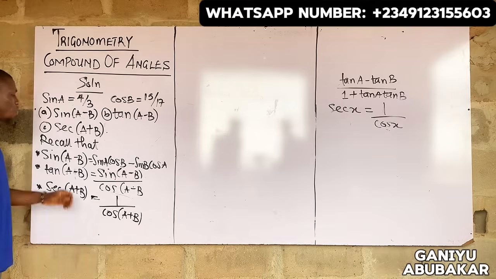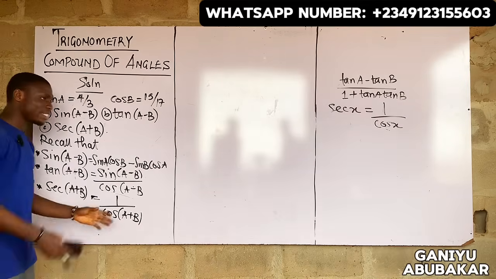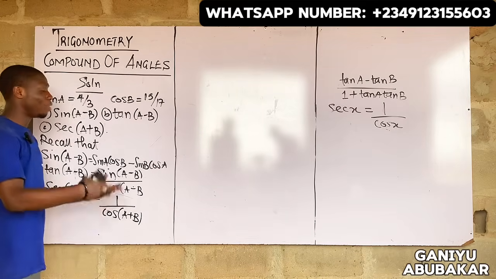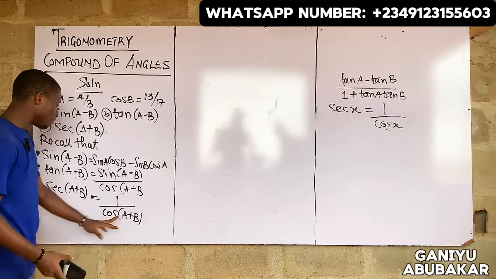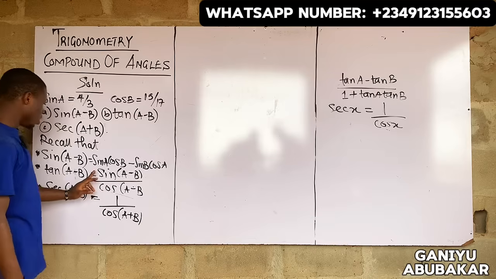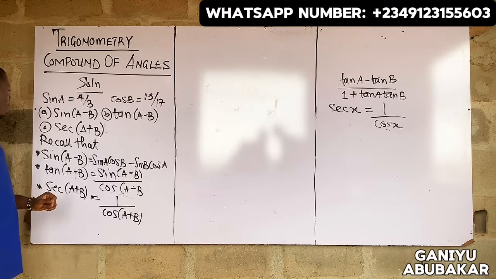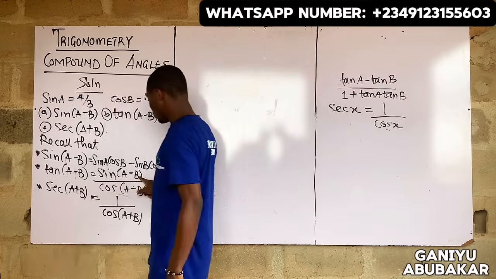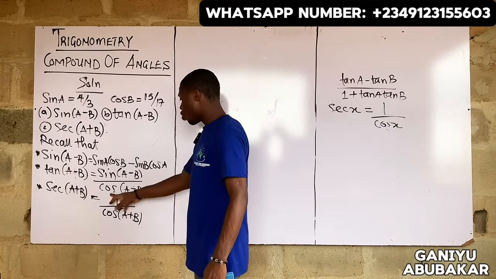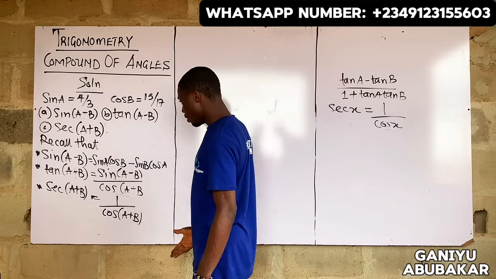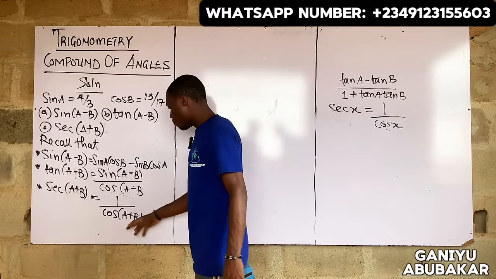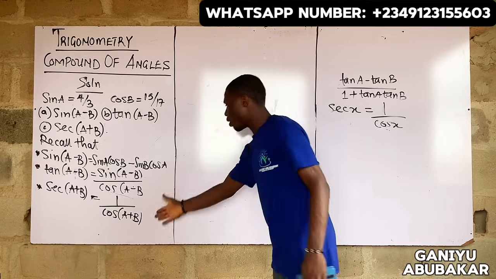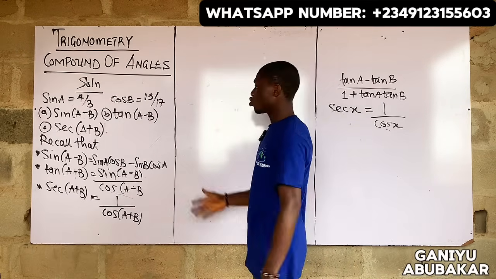So I'll make sure I look for sine A plus B and sine A minus B, and also cos A minus B and cos A plus B. These are what we get here. Using all this becomes a shorter process to solving this.